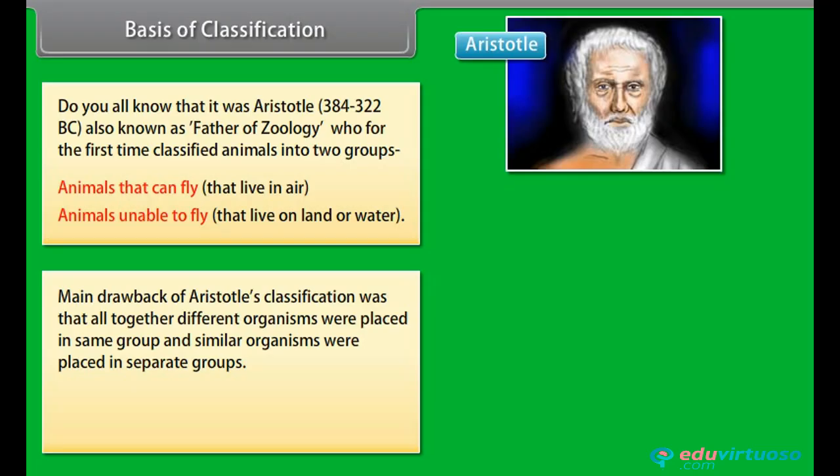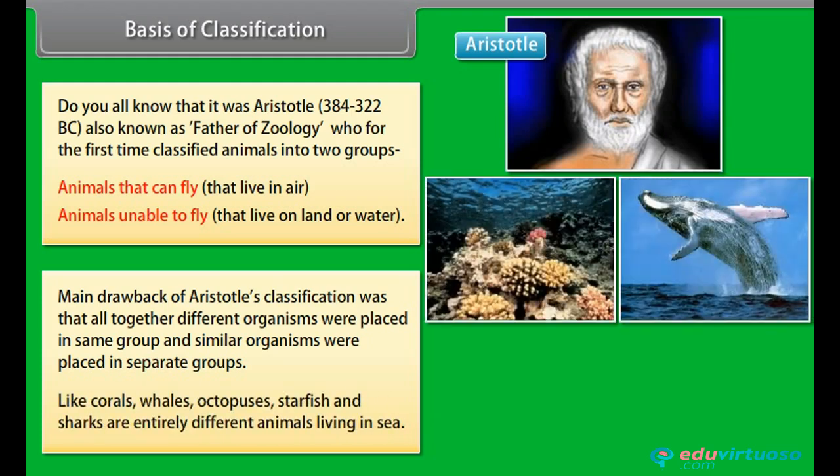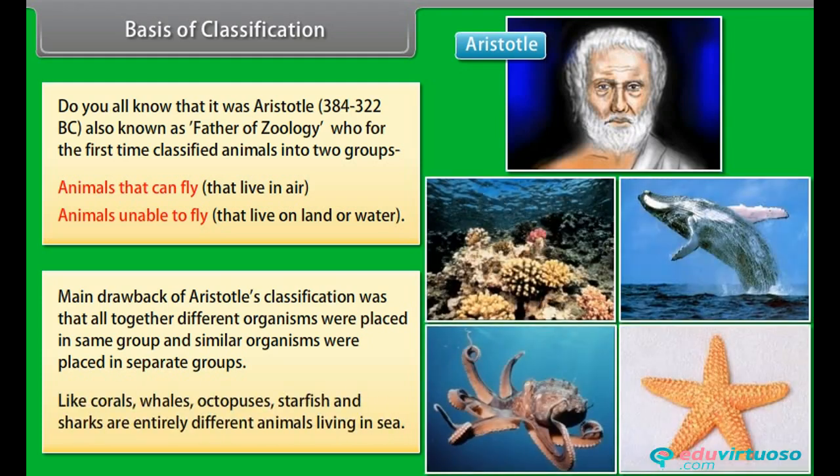The main drawback of Aristotle's classification was that altogether different organisms were placed in the same group and similar organisms were placed in separate groups. Like corals, whales, octopuses, starfish and sharks are entirely different animals living in the sea.